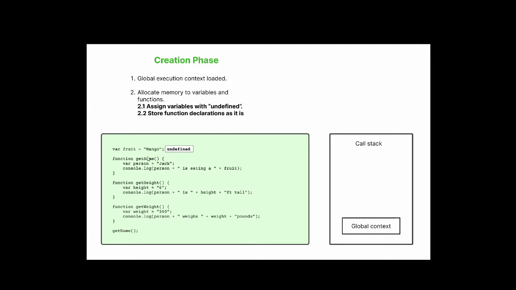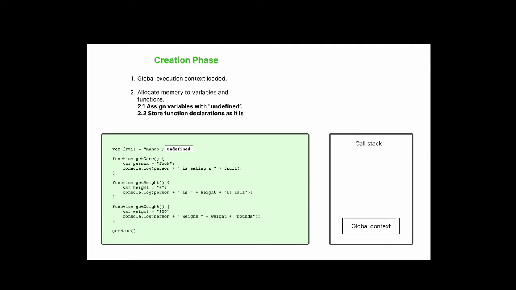All the functions that we see here will be stored as it is in memory. This whole body will be stored in memory as it is. We'll look at an example later in the browser itself. But for the time being, just assume that the variables during the creation phase will have an undefined placeholder value and the functions will be stored in the browser as it is, the whole declaration of the function.